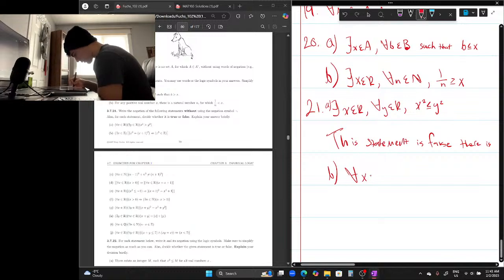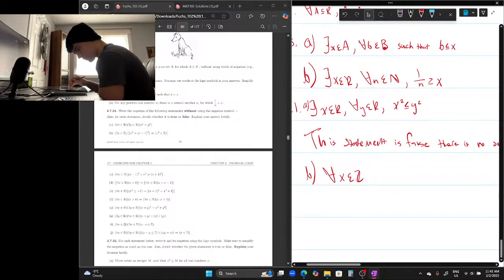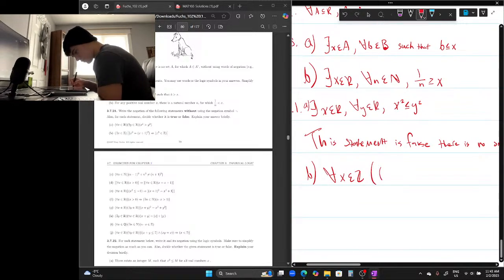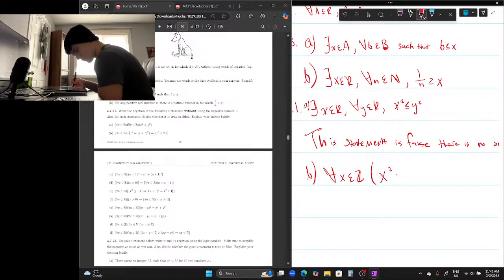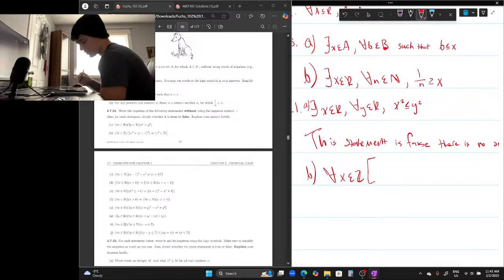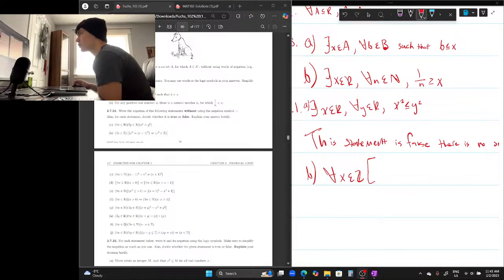For all x. Okay, so interesting. This quantifier here is actually outside the statement, so we gotta be a little mindful of that.